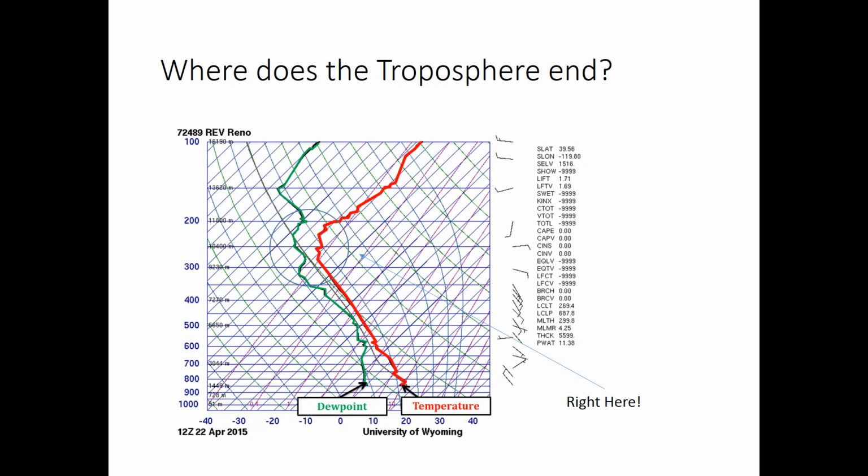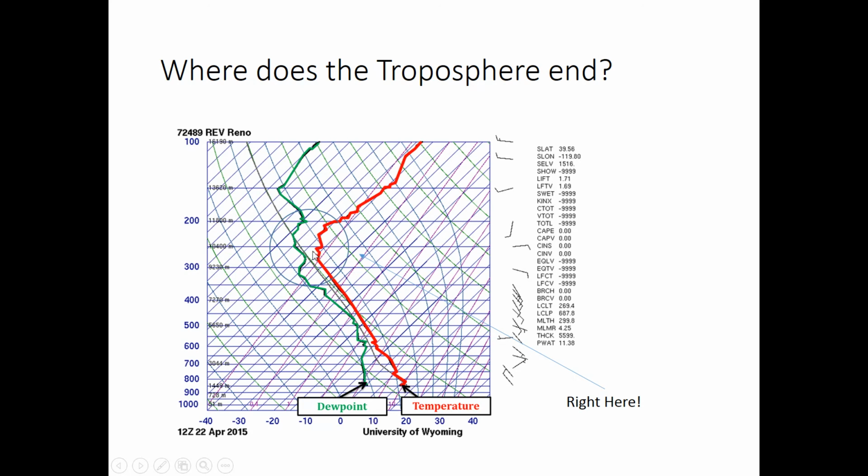Where does the troposphere end? Well, to actually look at how it ends, we need to look at something called a skew T. And this is basically an advanced version of something called a Skew Diagram, which you're going to actually get to work on in a little bit. But what actually happens is, as you rise in the troposphere, air temperature decreases with height.